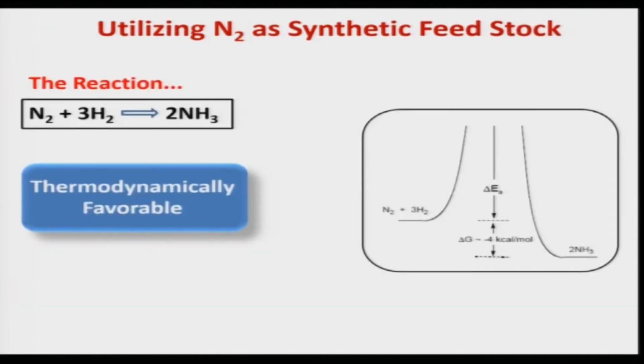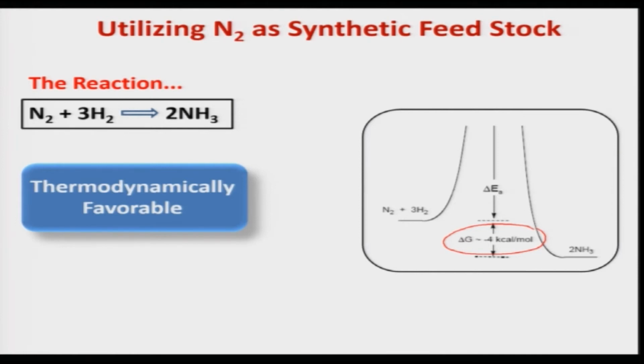Now, let us look at the most important chemical reaction, which is the conversion of nitrogen and hydrogen giving rise to ammonia. If you look at this, delta G is around minus 4 kcal per mole, that means it is negative, that means it is a thermodynamically highly favorable reaction.